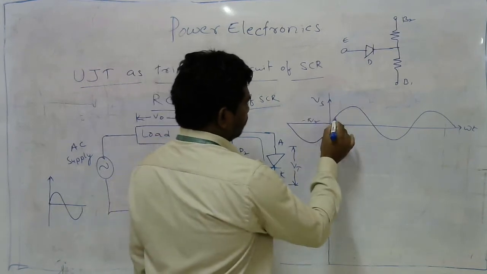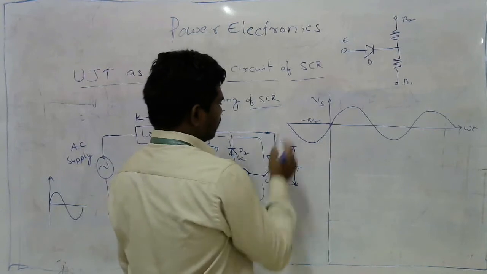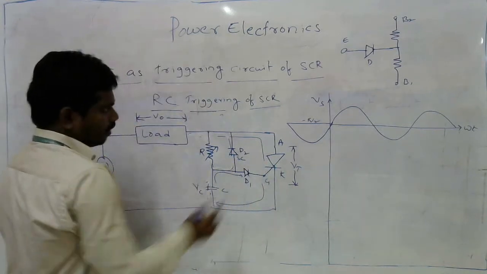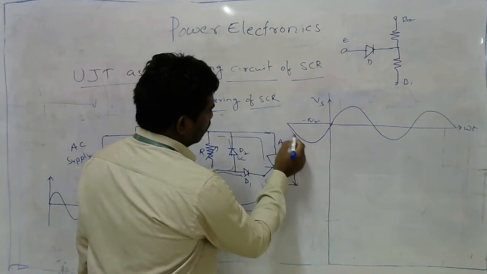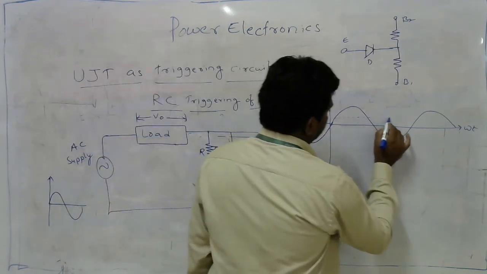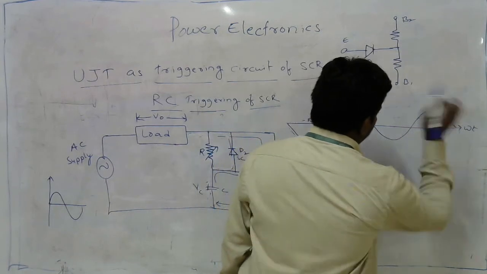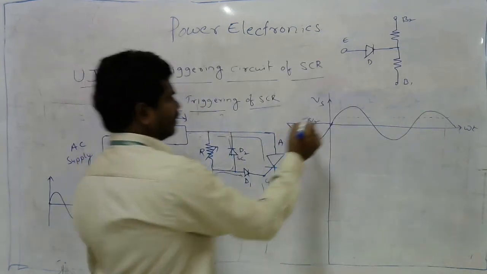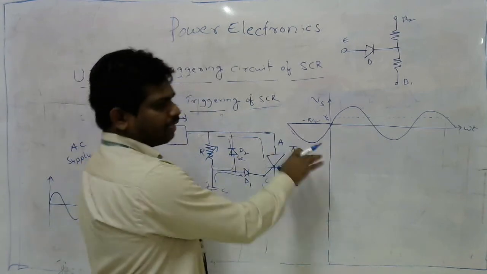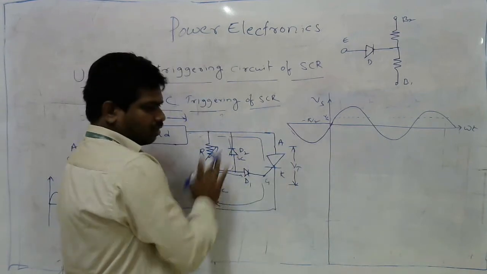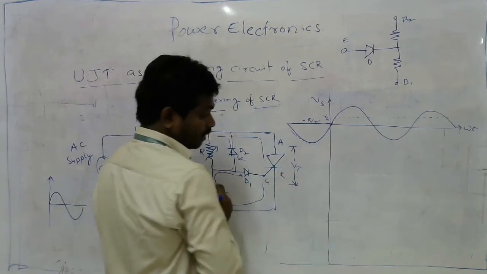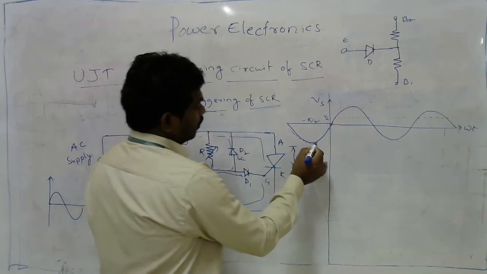After alpha only, it's going to be increasing. During the negative half cycle, what happened? Charging in reverse direction. Capacitor charging in reverse direction. I'm taking here the DC voltage for the gate signal. This I am calling VG, the VG voltage. During the negative half cycle, it is charged in reverse direction, thereby we are getting current like this, voltage like this across the capacitor.